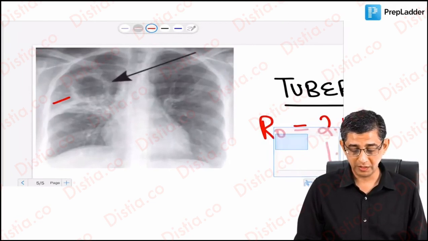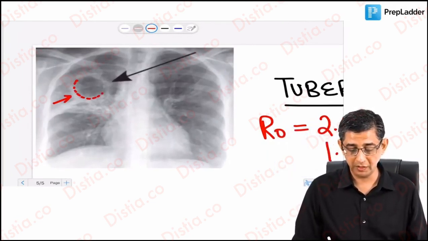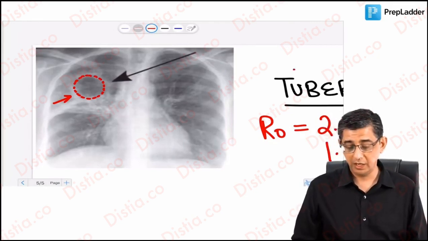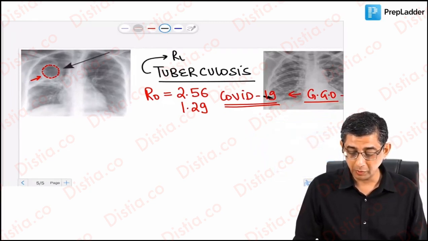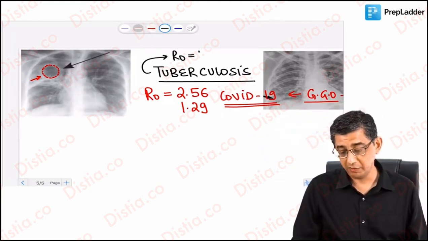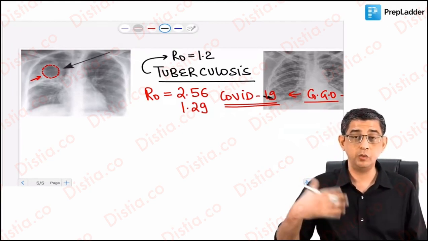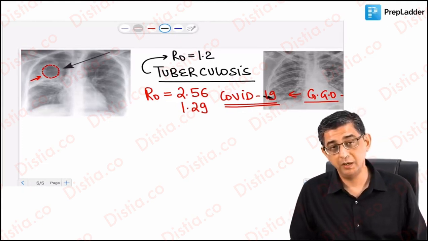If you look at this X-ray, you will notice that in the right upper zone of the patient there is a very distinct circumscribed space, which is a lung cavity. And what is the R0 for tuberculosis? It is still a problem in India. Why have we not been able to eradicate this infection, though we have been trying for so many years with our tuberculosis control program and revised tuberculosis control program?